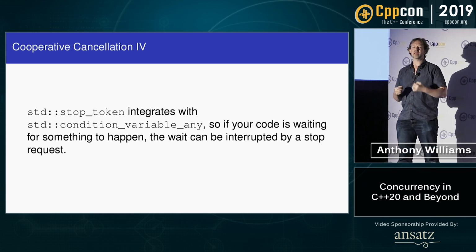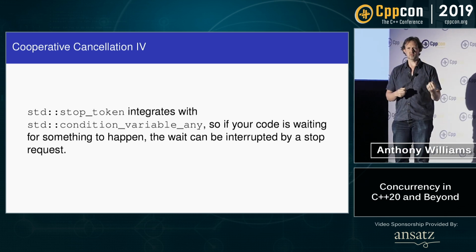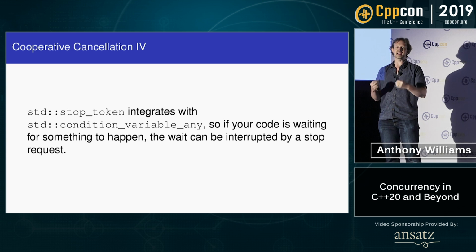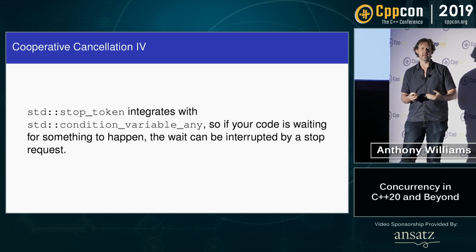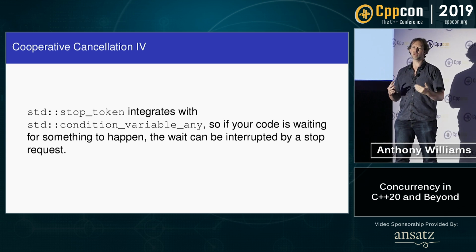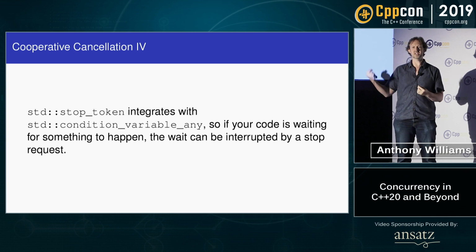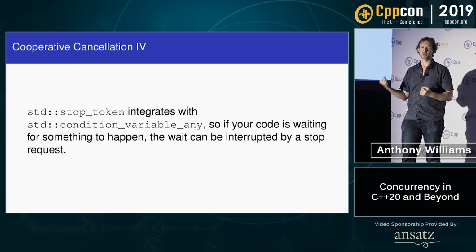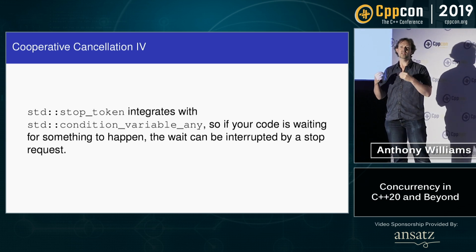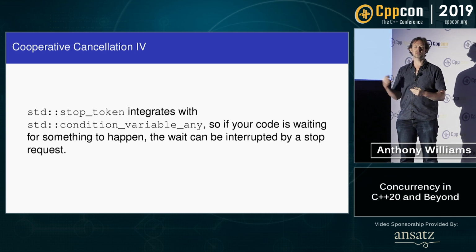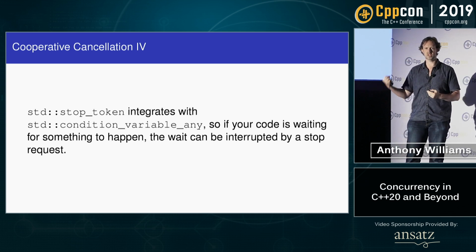Rather than working exclusively with standard mutex, it allows you to work with any lockable thing. And this flexibility allows us to make it work with stop tokens as well. So you can then pass a stop token as an additional parameter when you wait with condition variable any, and then the wait can now be interrupted if the stop token has been requested to stop.